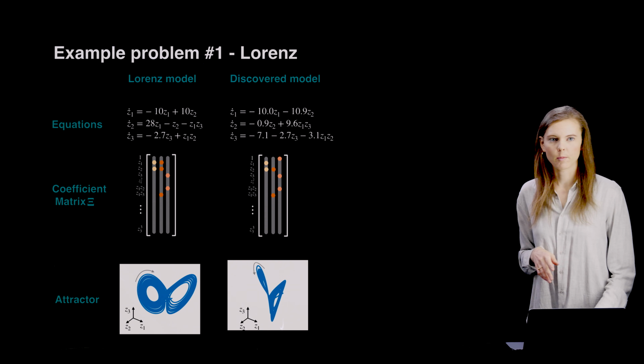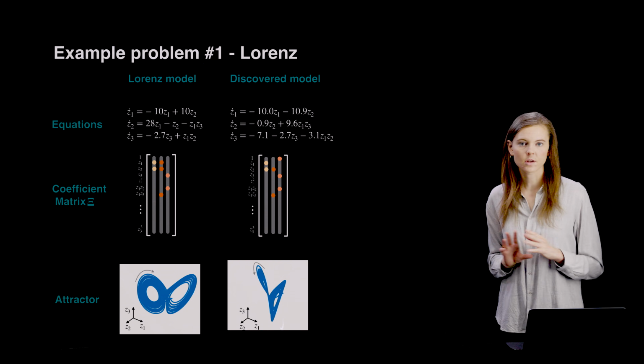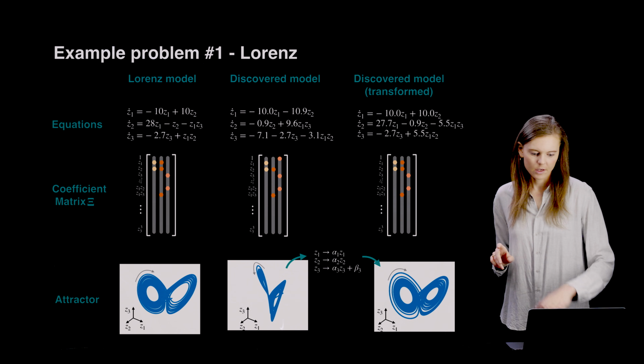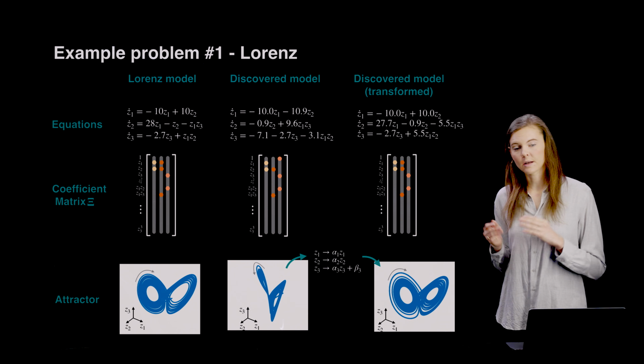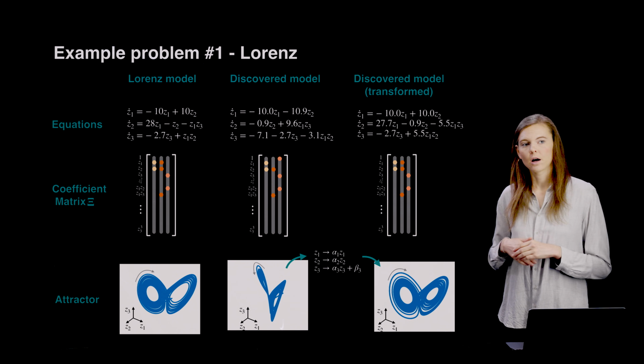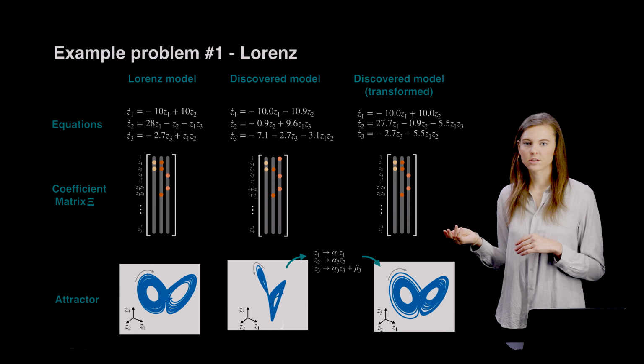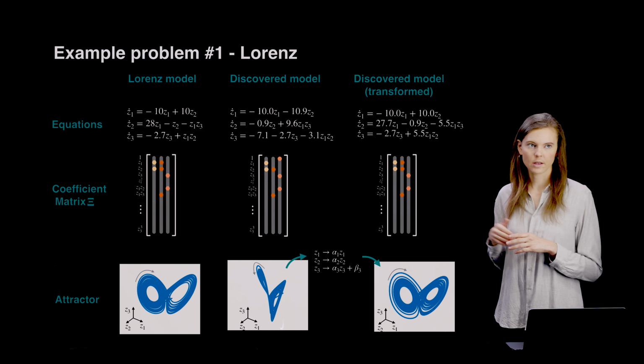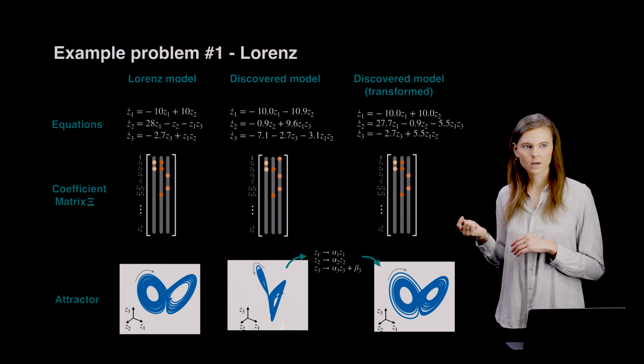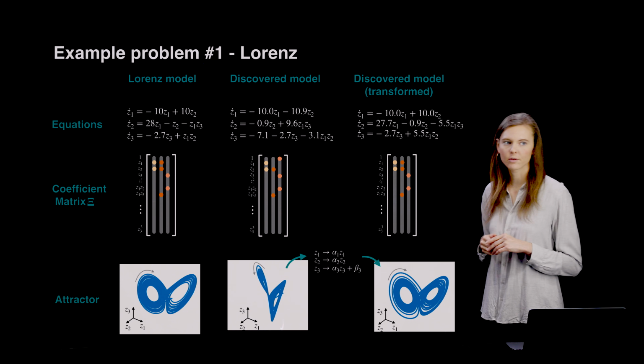What we found out by playing with this discovered system a little bit is that you can find an affine transformation on this discovered model that gets you to the original Lorenz model. Here I'm showing a system that is an affine transformation of this discovered model.